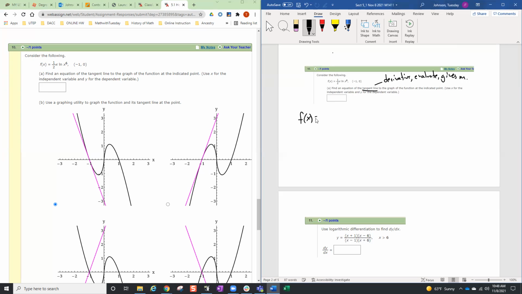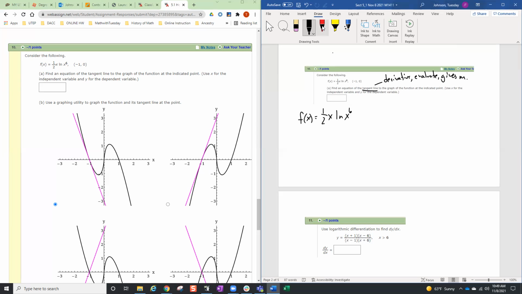If f of x is 1/2 x natural log of x to the 6th, normally I would simplify this x to the 6th. However, when we bring the 6 down in front, that leaves a natural log of x, and -1 is not in the domain. So I need to leave this even exponent because -1 to the 6th power is positive. So I'm not going to simplify this format right now.